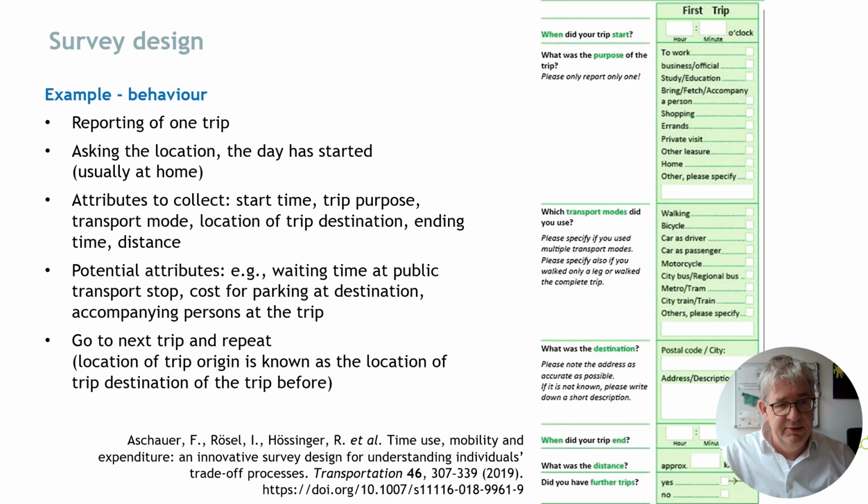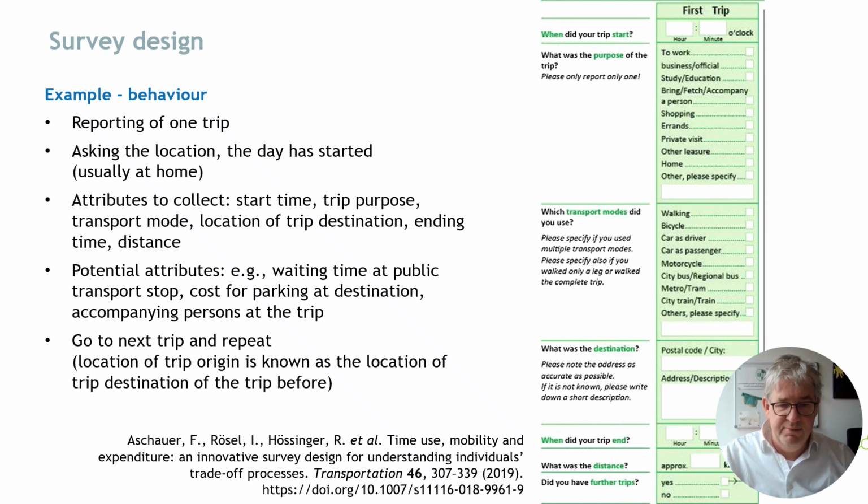This is an example of a behavior survey. Usually the reporting is based on a trip, on a very concrete day, for example, as I said before, and you ask for the location of the start, and then you collect some attributes like the start time, the trip purpose, transport mode, the location of the trip destination, ending time, and the distance driven, for example.